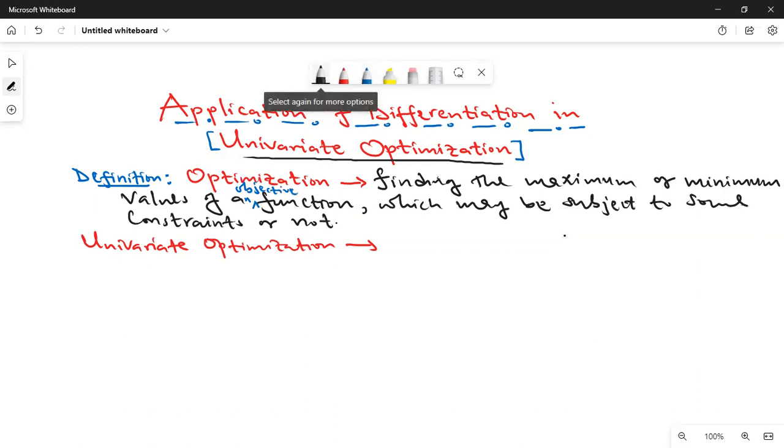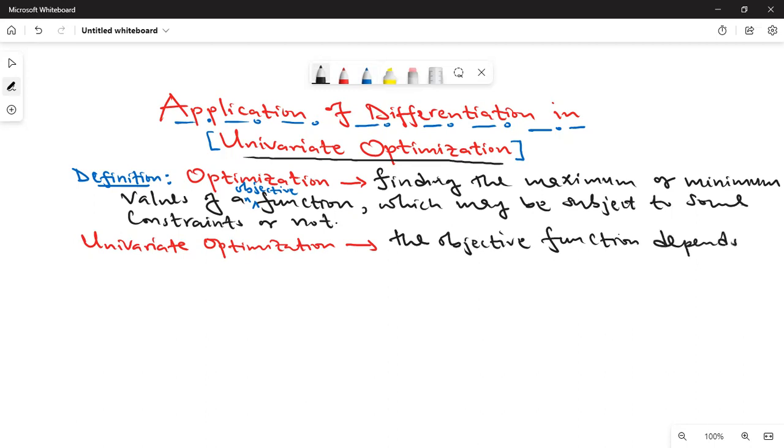So in univariate optimization, the objective function depends on a single independent variable.